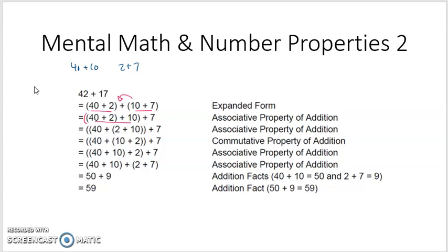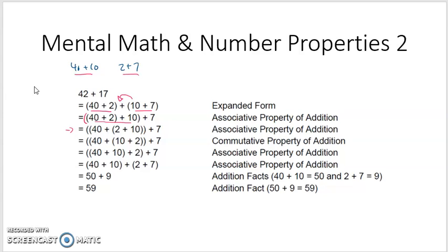Now, again, what I'm trying to do, this basic idea, group the 10s, group the 1s. How do you know you can just move those things around? That's the question. Well, now that I have 40 plus 2 plus 10 right there, I can commute the 2 and the 10. That's allowed as a commutative property. So that is going to equal 40 plus 10 plus 2.